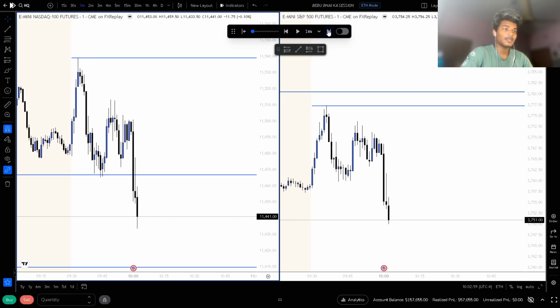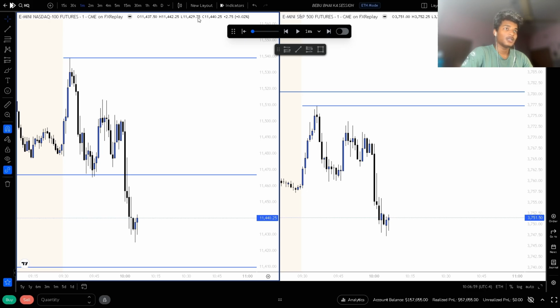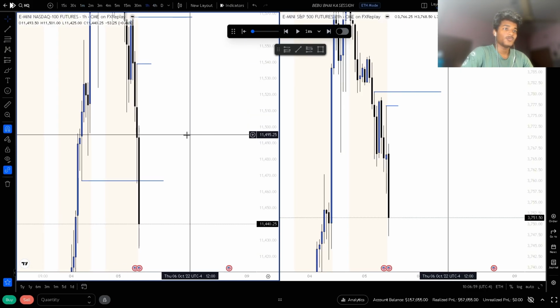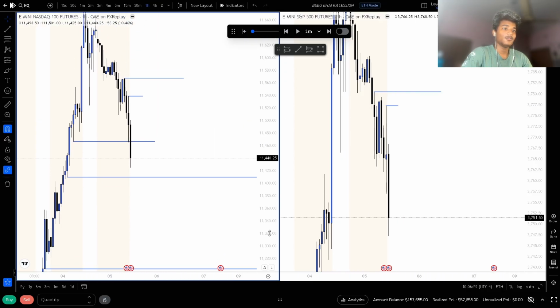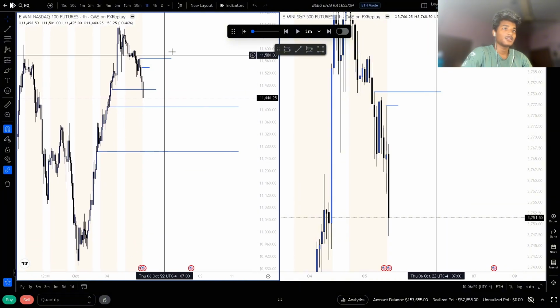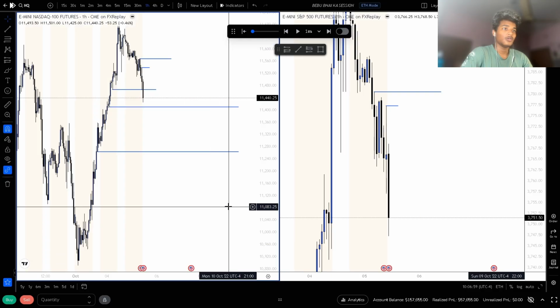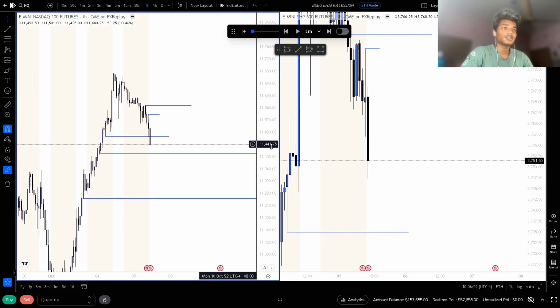So we reswept. It's 10:06. Let's see the 10 AM open now. So we pretty much respected this gap and we have manipulated lower as well. And are we in the equilibrium of this range? No, not till now.